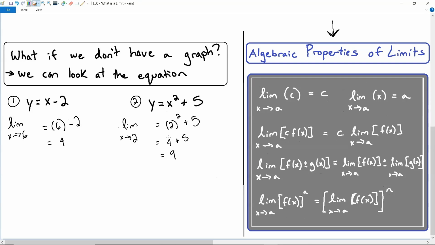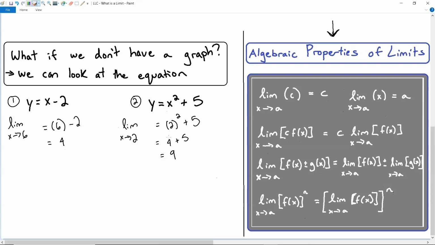For example, if your value of x that you're approaching is infinity, it might be a little confusing to plug in a value of infinity into the equation. So that's when we need some help on that. Another example would be when the equation is actually undefined at the value that you're approaching. So it is important to know them.